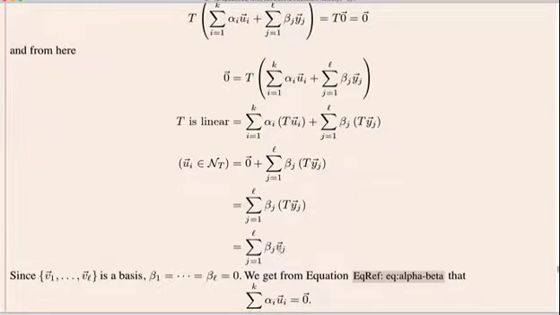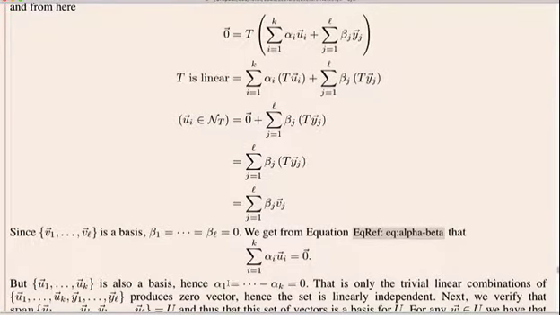But these v vectors from 1 through l are a basis, and because the v's are linearly independent, the only way this linear combination is 0 is if it's a trivial linear combination, which means beta_1, ..., beta_l are all zeros. So going back to this equation, the second part is 0 because all the betas are zeros.